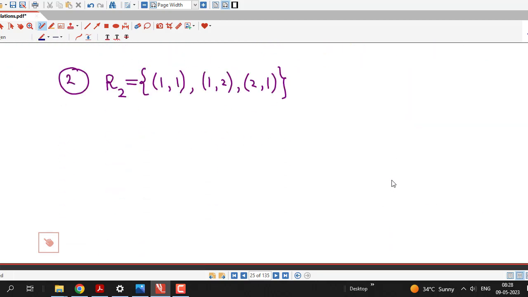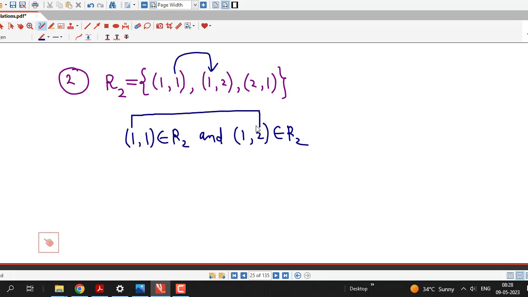Next relation is R2. Here we have only 3 pairs. We can start with (1, 1) and search for another pair whose first component is 1. So this will work here. (1, 1) belongs to R2 and (1, 2) belongs to R2. So I have to check for (1, 2).